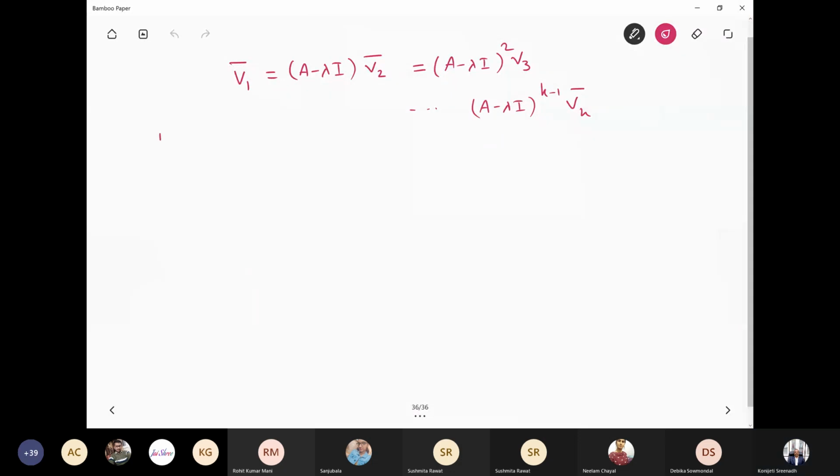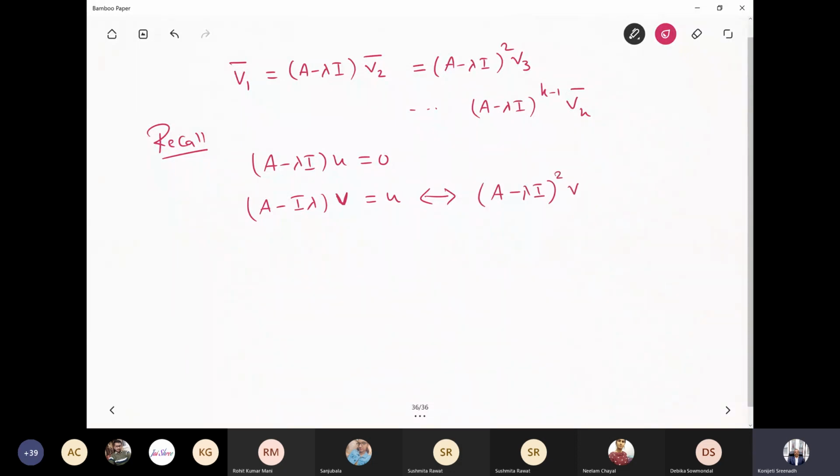Recall we were looking at (A minus lambda I) u equals 0. If I apply (A minus lambda I) one more time in this equation, this is equivalent to writing (A minus lambda I) squared of v is (A minus lambda I) times u, which is 0.